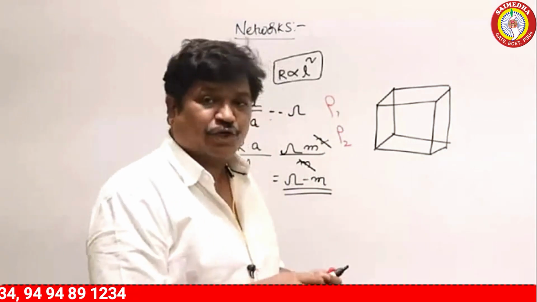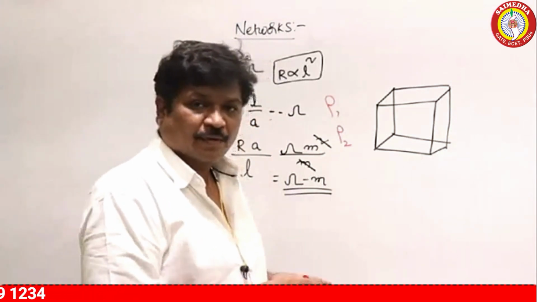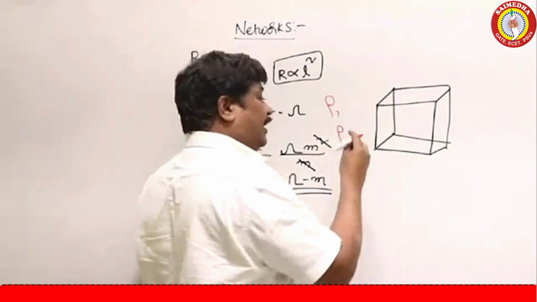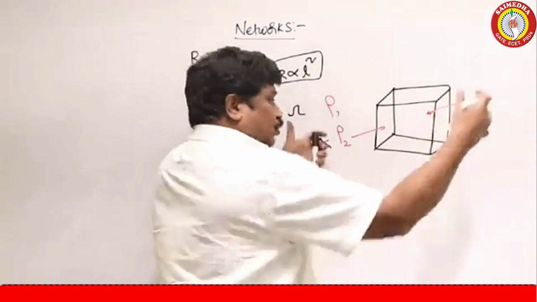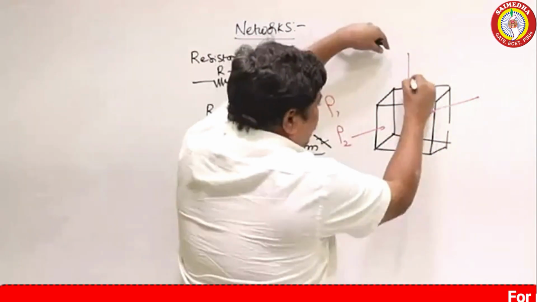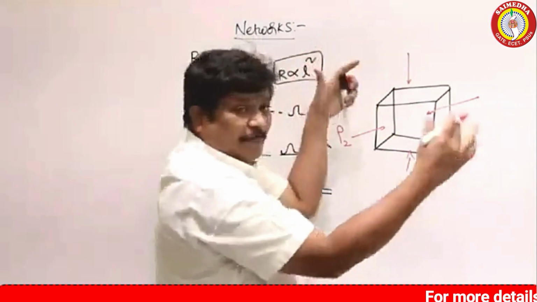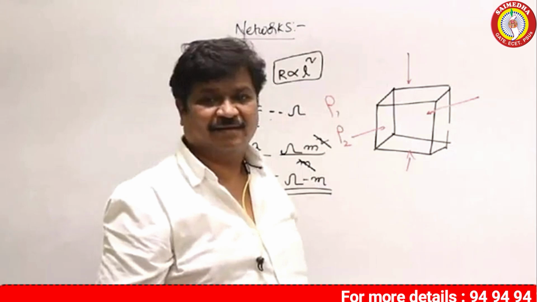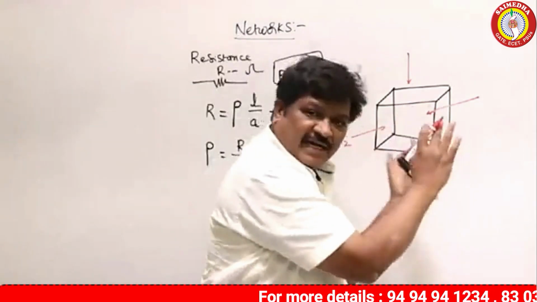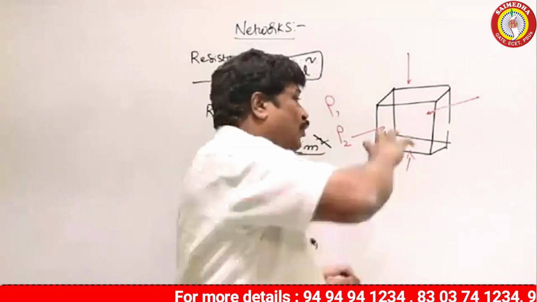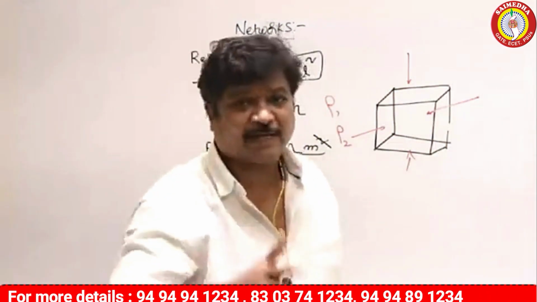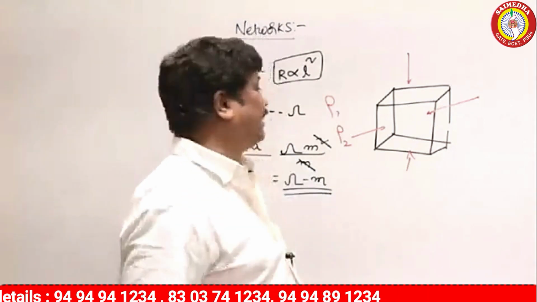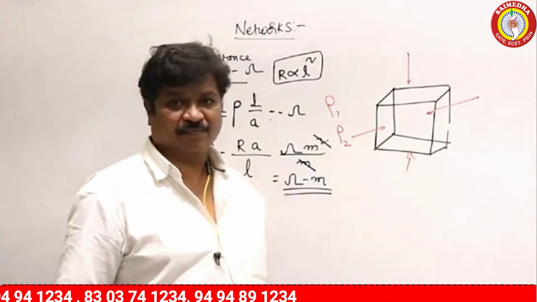For this unit cube, what is the resistance offered between this face and the back face? Two opposite faces, or otherwise from here to here. It is fixed. Even though you increase the length, the resistivity definition will not change. It is fixed for a unit cube. That is the reason it remains the same.